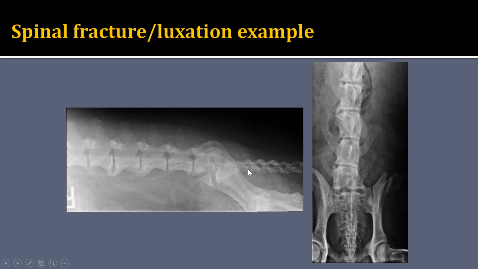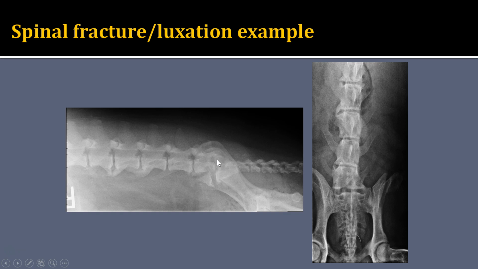What I notice is that the sacrum, the body, and the kind of dorsal lamina, that is ventrally located relative to L7. So if we look, here's our dorsal lamina of L7, and that should line up with this dorsal lamina of the sacrum, but it's actually ventrally displaced. That is because there is complete luxation at the L7-S1 articular processes.